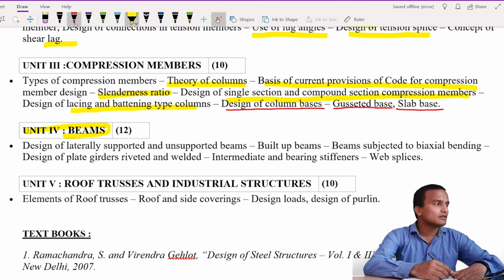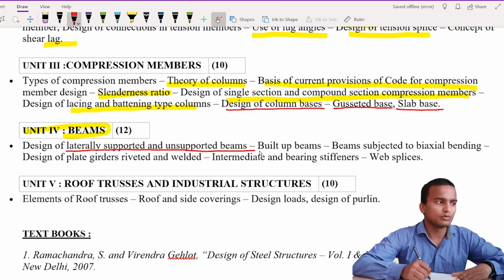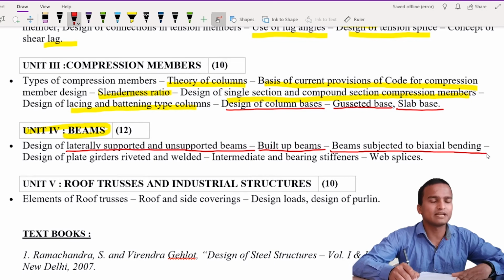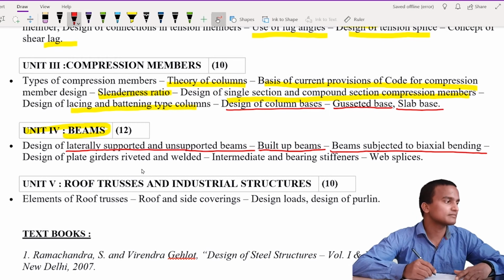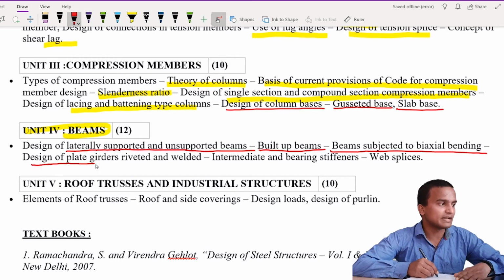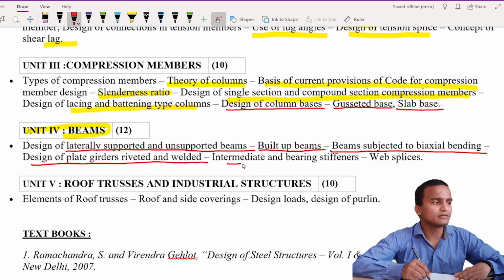Here we will learn the design of laterally supported and unsupported beams, built up beams, which are compound beams, and beams subjected to biaxial bending, that is bending in two axes. And then the design of plate girders, which can be riveted or welded, intermediate and bearing stiffeners, and finally the web splices.